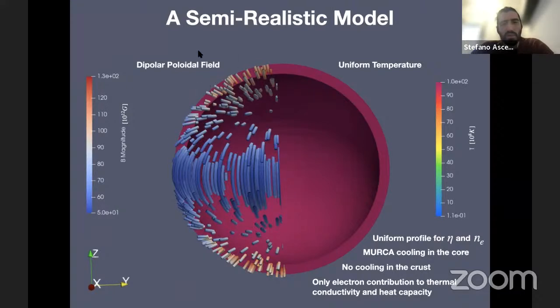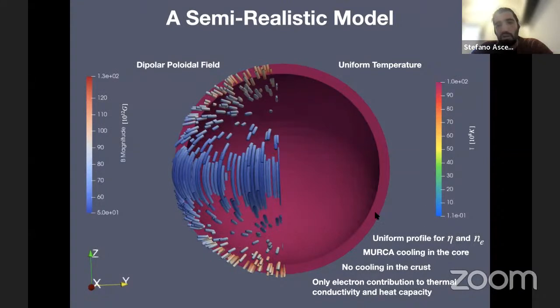We consider here a magnetic field which has a dipolar poloidal structure with a magnitude at the pole of the order of 10 to the 14 Gauss. And we consider a crust and a core with a uniform temperature of 10 to the 10 Kelvin. We consider a uniform profile for the magnetic diffusivity and also for the number density of electrons.